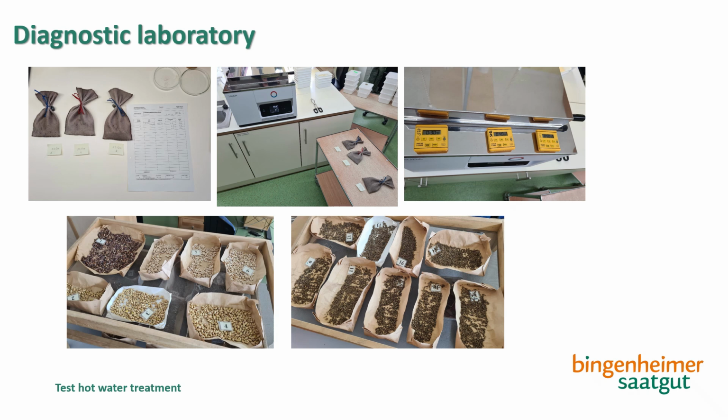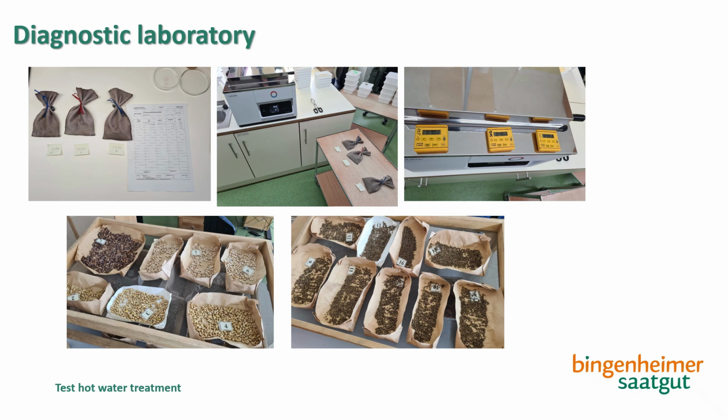After that, if the legal requirements are not met, the seed is treated with a test hot water treatment that is shown here on a small scale. You can see from the labeling, packaging, and filling the bags to the hot water treatment.